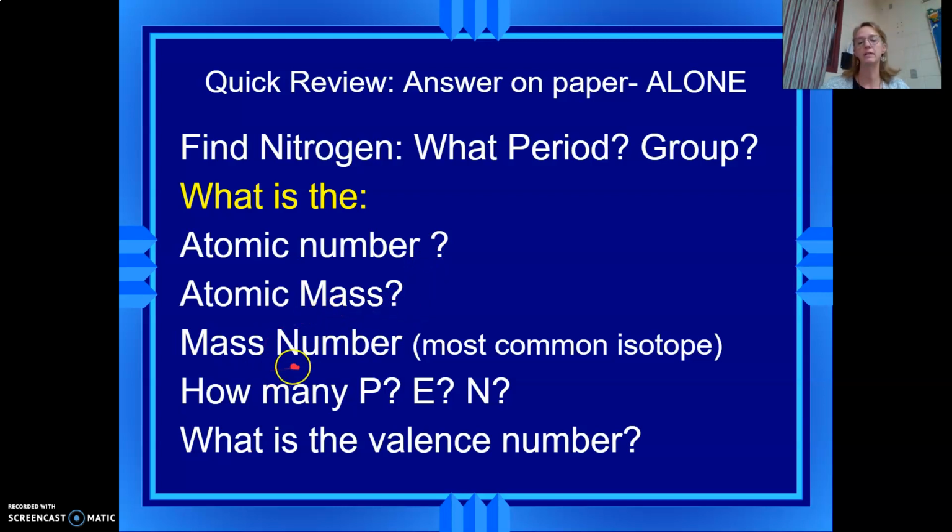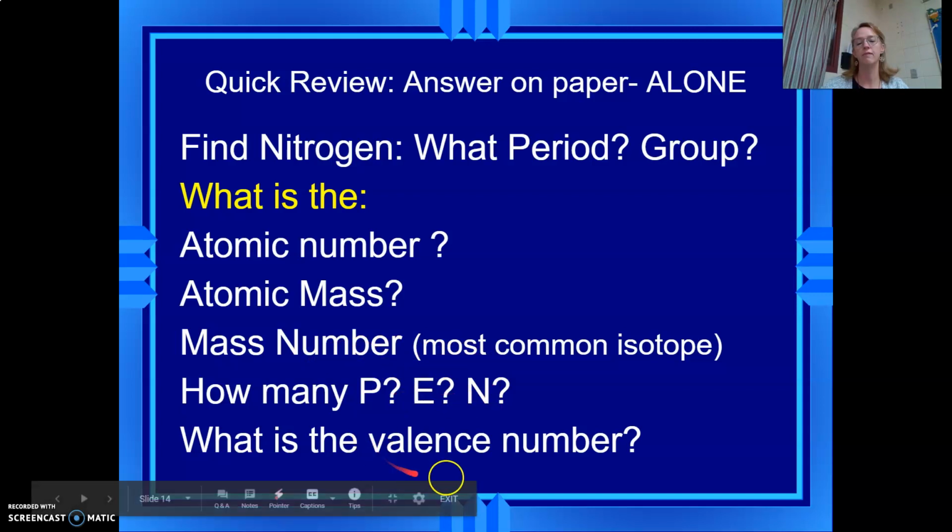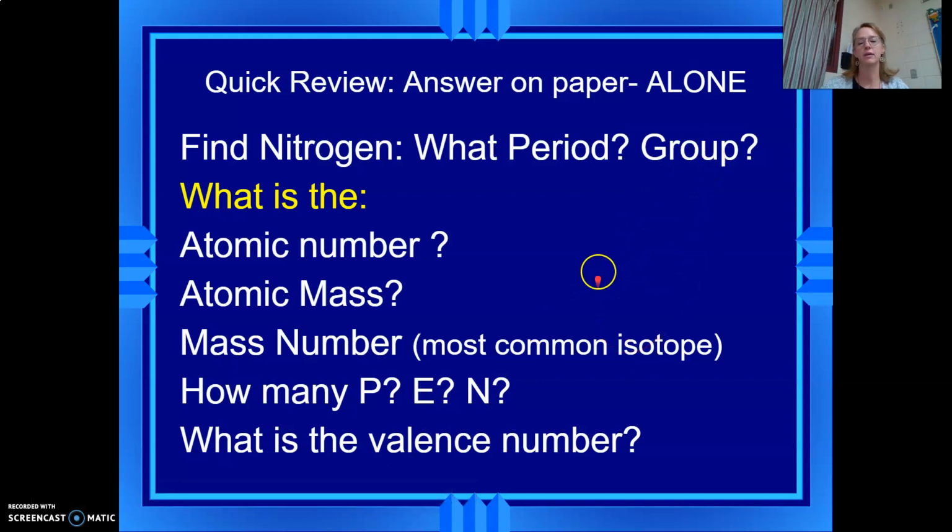If I round that atomic mass, I get the mass number, and that will be 14. Number of protons is 7, so electrons is 7, and since the mass number is 14, there are 7 neutrons. The valence number, how many valence electrons, matches the group. It's in group 5, so 5 electrons are in the outer shell of nitrogen.